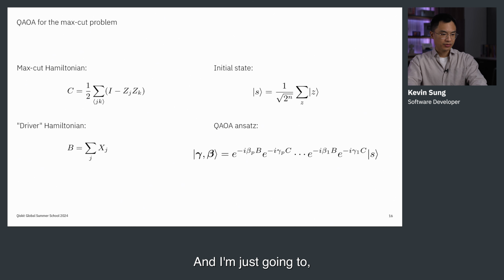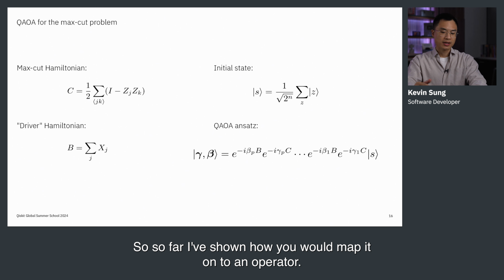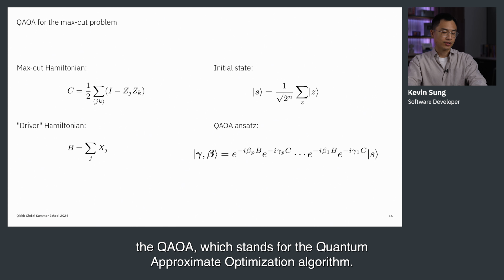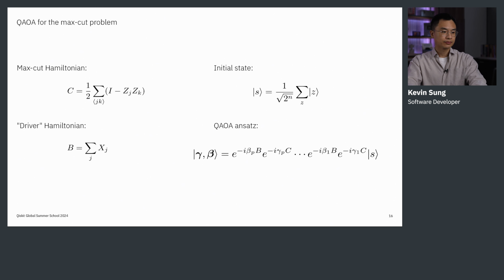And I'm just going to briefly show here an example of how you would map the problem onto circuits. So far I've shown how you would map it onto an operator, right? And there's a common algorithm for addressing the max cut problem called the QAOA, which stands for the Quantum Approximate Optimization Algorithm.